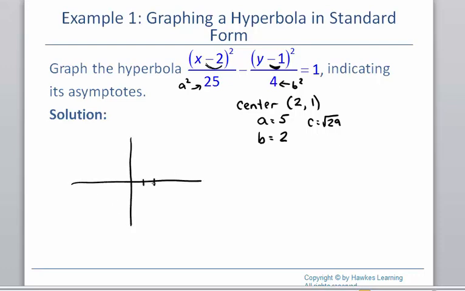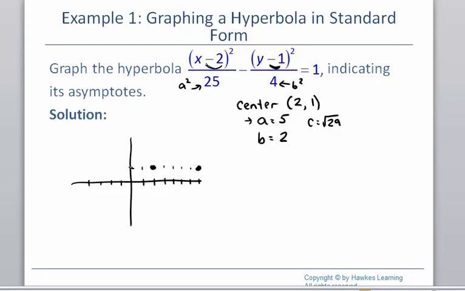So I'm going to mark my center point at (2, 1). And we know that our vertices are going to be determined by this a value of 5. And so I'm going to move over 5 in both directions. So that's 1, 2, 3, 4, 5. So that's a vertex here.